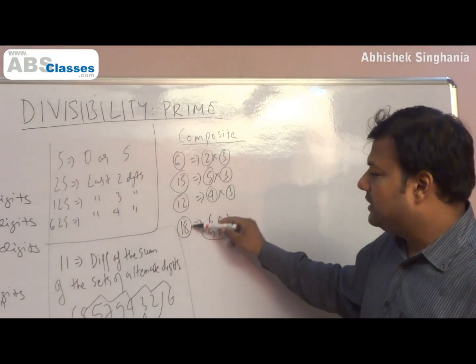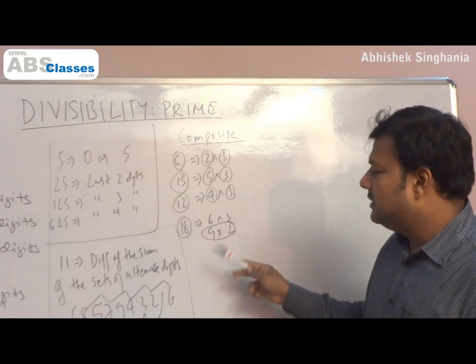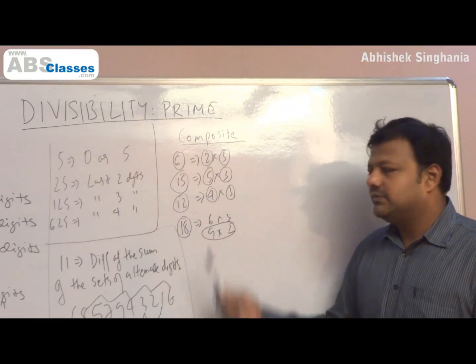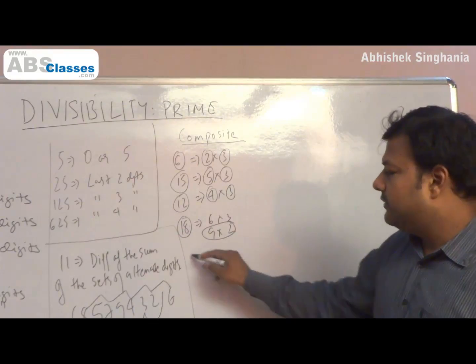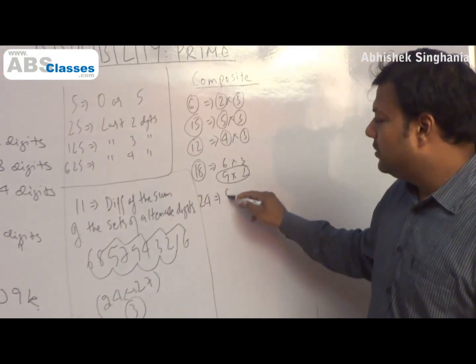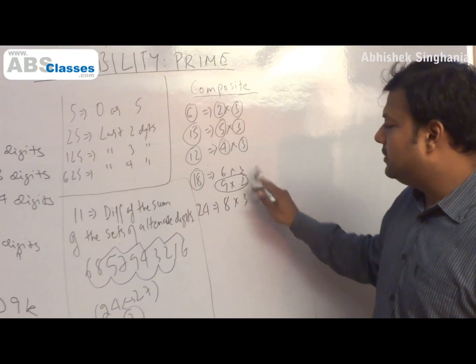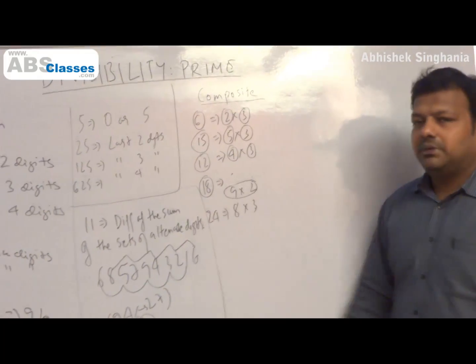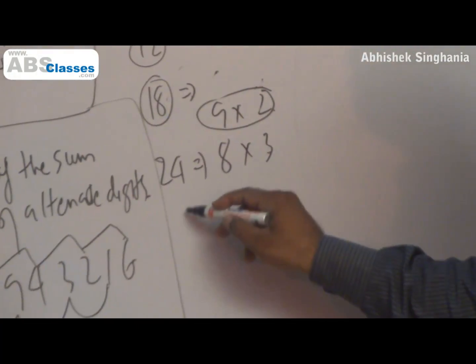So if I have to check whether a number is divisible by 18, I will check with 9 and I will check with 2. If it is divisible by both of them, it is divisible by 18. Say 24. Again, I can write 12 into 2 or 6 into 4, but the right way to write it is 8 into 3. If the number is divisible by both 8 and 3, it is divisible by 24. Let's take 144.